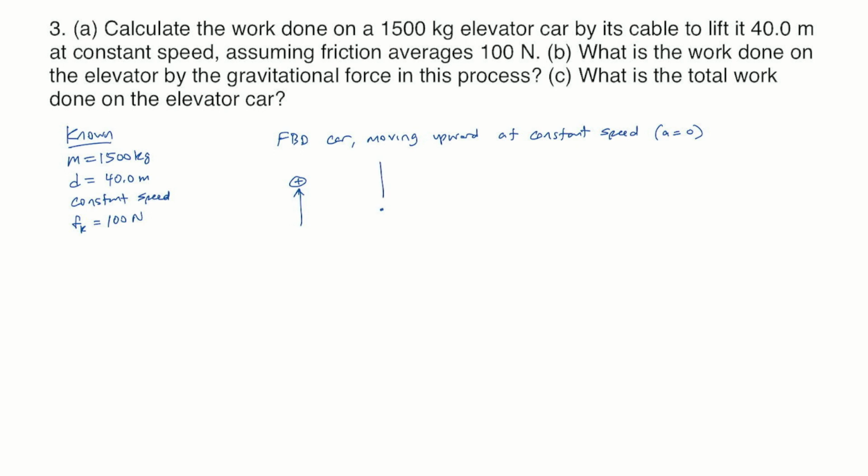We have an upward tension because a cable is what is pulling it up. We have a downward weight of mg. Since it's moving up, the friction will be down, and I'll just put it to the side. And then we know the displacement is up.